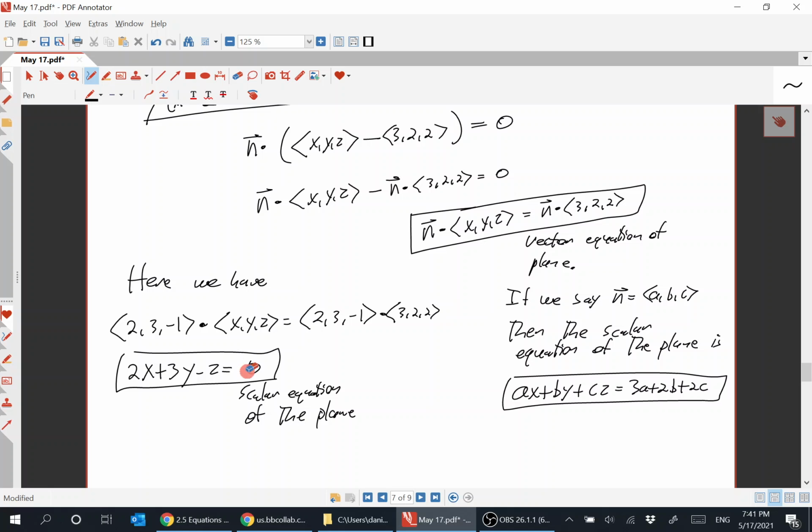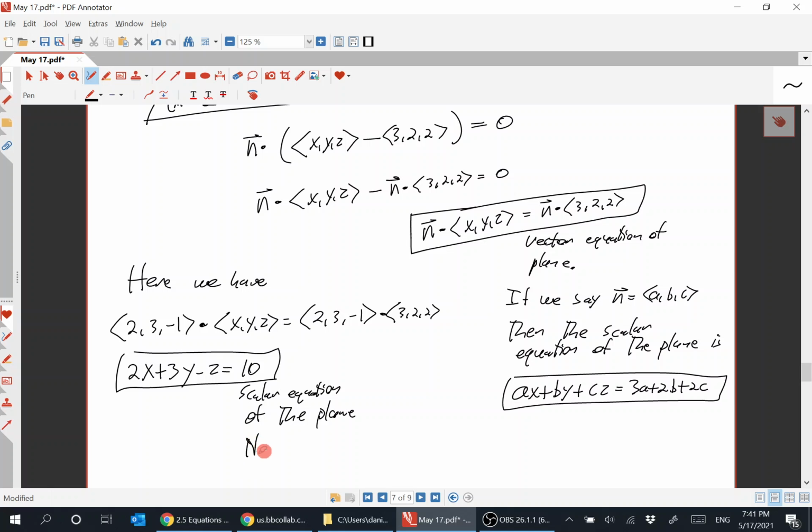And then this number here, if it is non-zero, that means that 0, 0, 0 is not on the plane. If 0, 0, 0 is on the plane, then this dot product is just going to be 0. But it's not in this case. So we know the plane does not go through the origin.